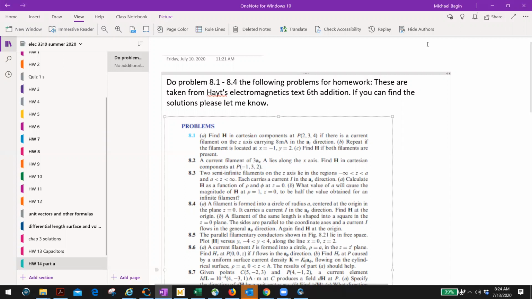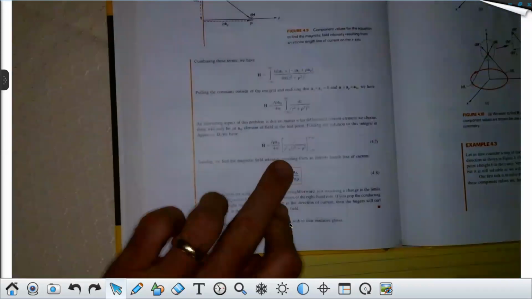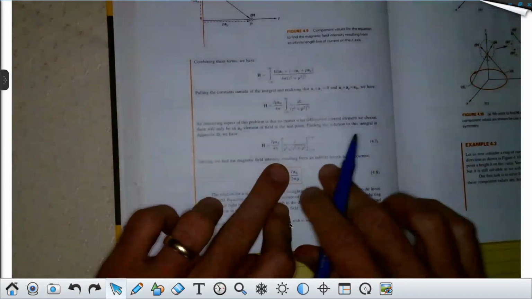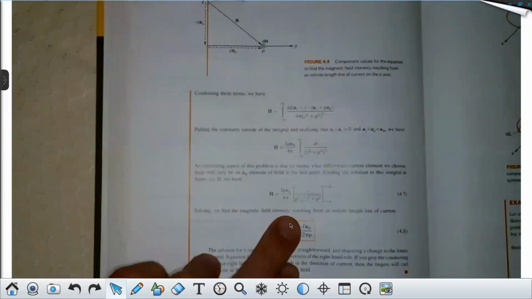So how do you do that one? Well, I might as well just point to the book and show you. Here, you can take this as the integration, the results for the integration. I hope you can see this okay. Got some glare.